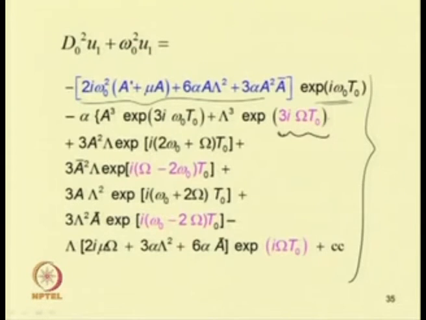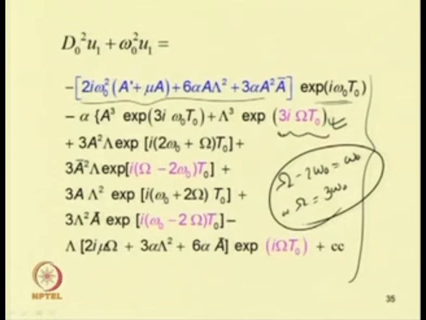So, we have seen one resonance condition, and the next resonance condition one can observe is when omega minus 2 omega 0 equal to omega 0, or omega equal to 3 omega 0. This also leads to a resonance condition.